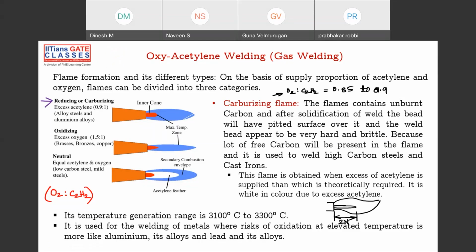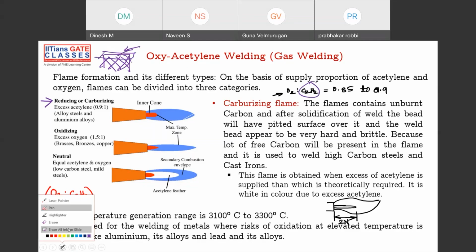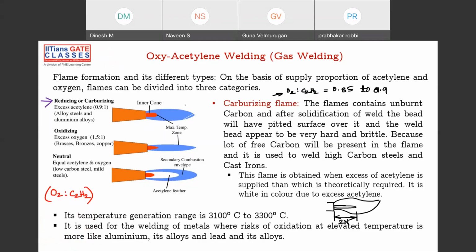But if some objects already have a good amount of carbon, then the extra carbon from this acetylene will not cause much serious action on these high carbon steels, right? So this reducing or carburizing flame can be used for high carbon steels.